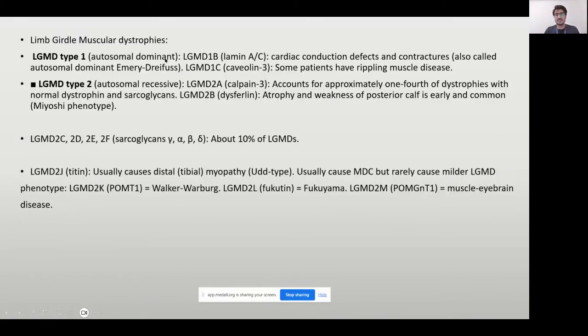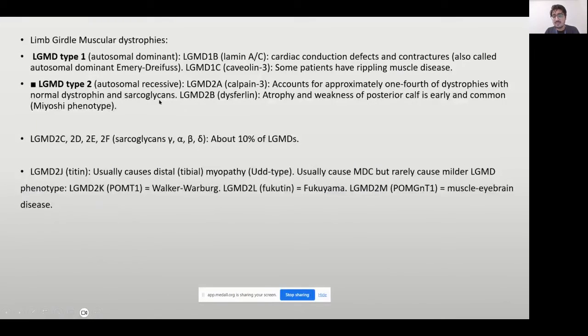So limb-girdle muscular dystrophies are of different types, but most of them have cardiac conduction defects. They're divided into two types: LGMD type 1, which is autosomal dominant, and LGMD type 2, which is autosomal recessive. What we need to remember is that LGMD1B has cardiac conduction defects and some contractures, and 1C is a rippling disease.